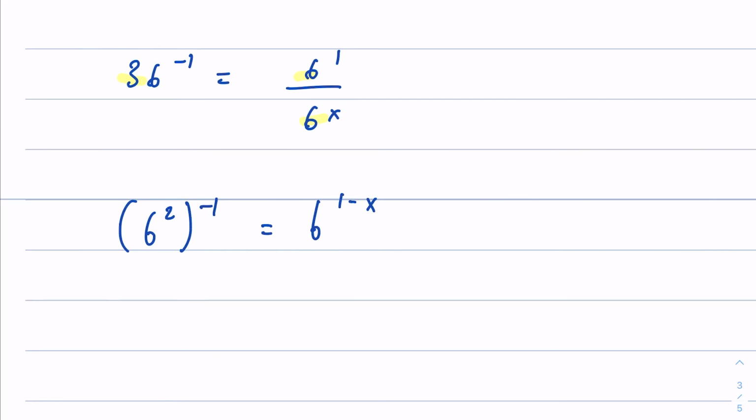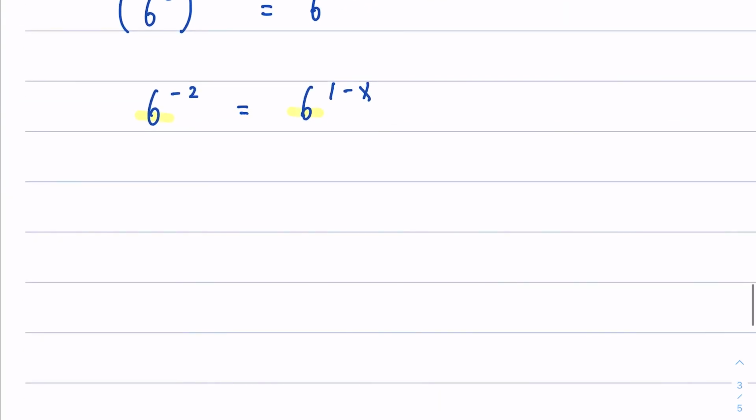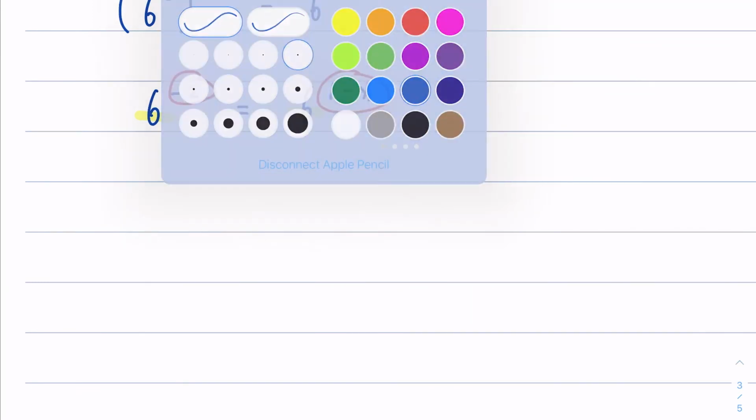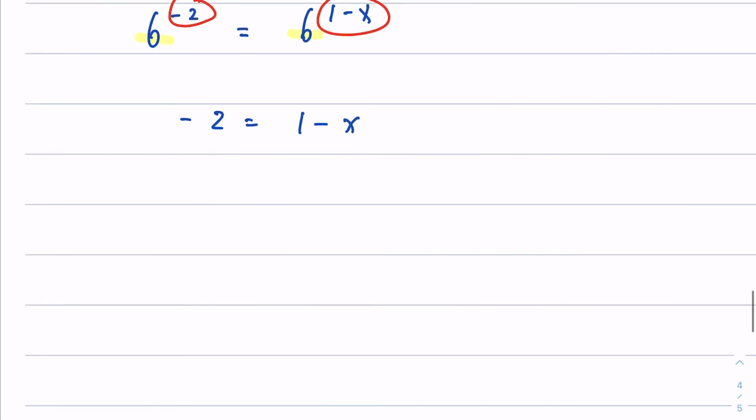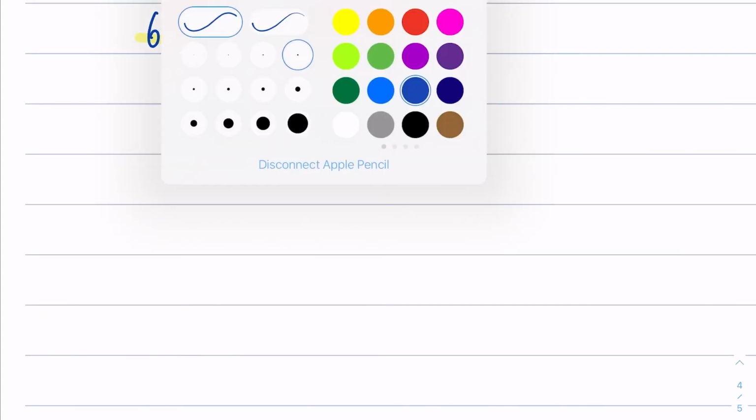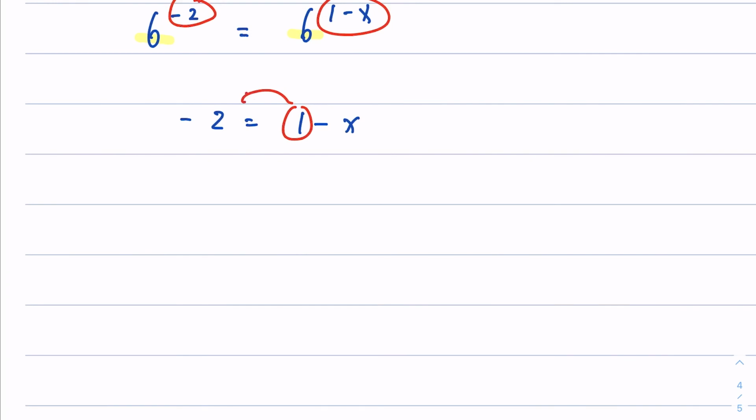Now we simplify the left-hand side of the equation. 2 times minus 1 gives you minus 2. Since now both of the bases are similar, we can compare the powers. You have minus 2 equals 1 minus x. Bringing over 1 across the equal sign will change its sign to become minus 2 minus 1 equals minus x.